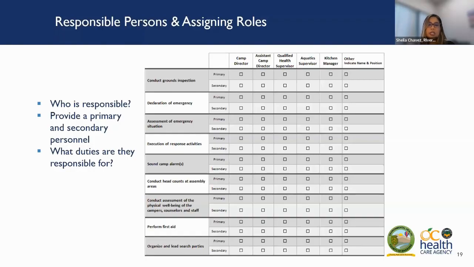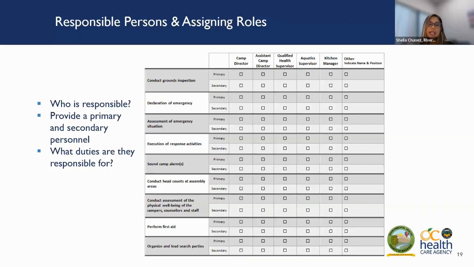And who is going to coordinate cleaning and disinfection, maintaining the medical logs, and managing evacuation or shelter procedures when needed. For norovirus specifically, staff should clearly know who initiates outbreak response procedures, who makes exclusion and return to camp decisions, and who serves as the main contact with public health.